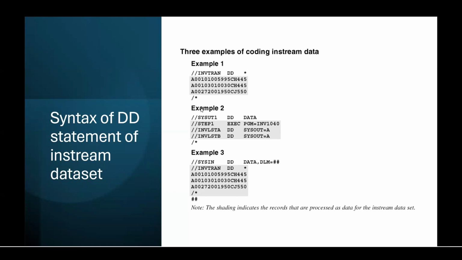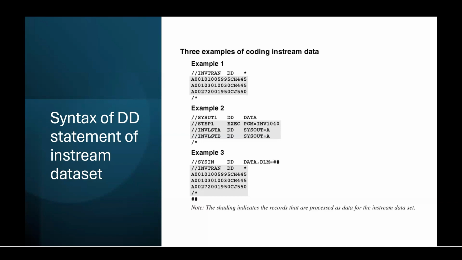A dataset name isn't required because the file will reside in the JES spool space that we have already discussed, the job entry subsystem spool space. Following the data, a delimiter statement, /*, marks the end of the data. The delimiter statement is optional in this case. If you omit it, the next JCL statement indicates the end of the in-stream dataset.